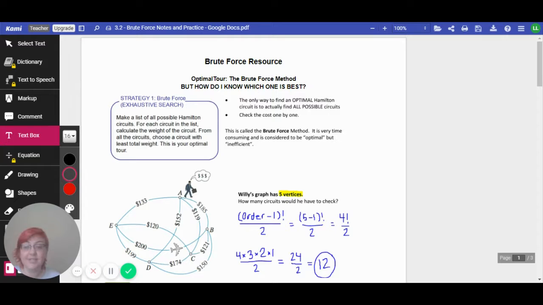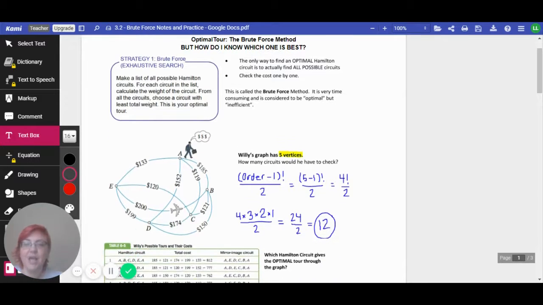From all the circuits then, you choose one with the least total weight, and that is the optimal tour. Now, it's called the brute force method, and it is very time consuming, but it is going to give you the optimal circuit or optimal tour. However, it is really inefficient, especially when you have a large number of vertices.